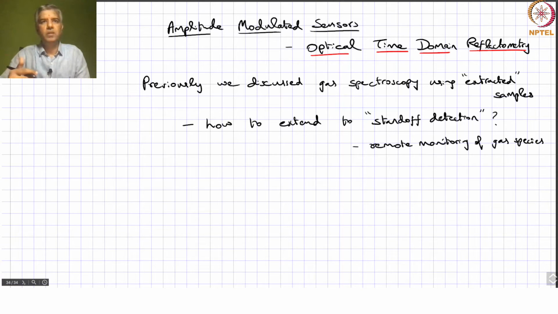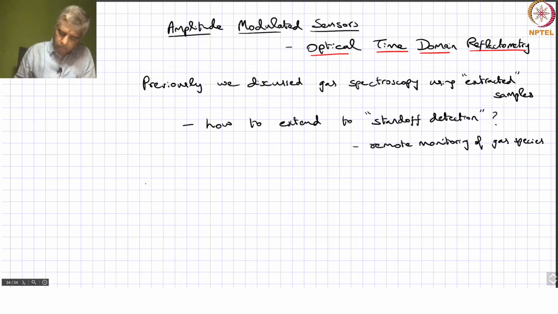You may want to shoot a light beam and try to get information from wherever these gases are, and based on the backscattered light, you are trying to identify what type of gas species is present at a distant location, and also possibly the concentration of the gas species. Okay, so how do we do that?